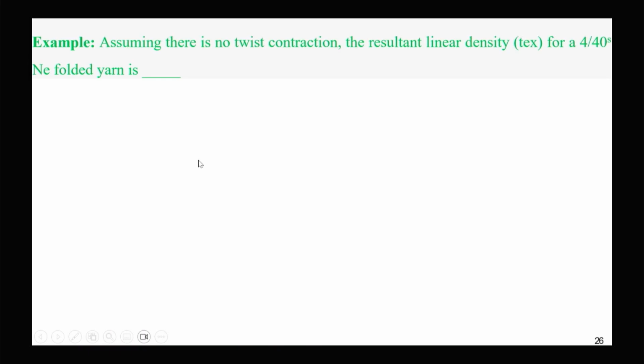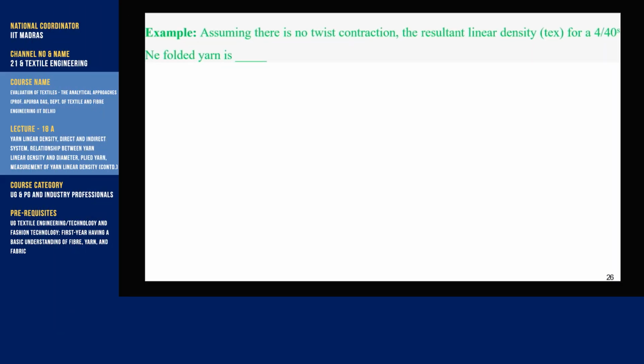so first let us try to do a numerical. Assuming there is no twist contraction, the resultant linear density in tex of 4 ply 40 NE folded yarn. So 4 yarns of 40 English count.